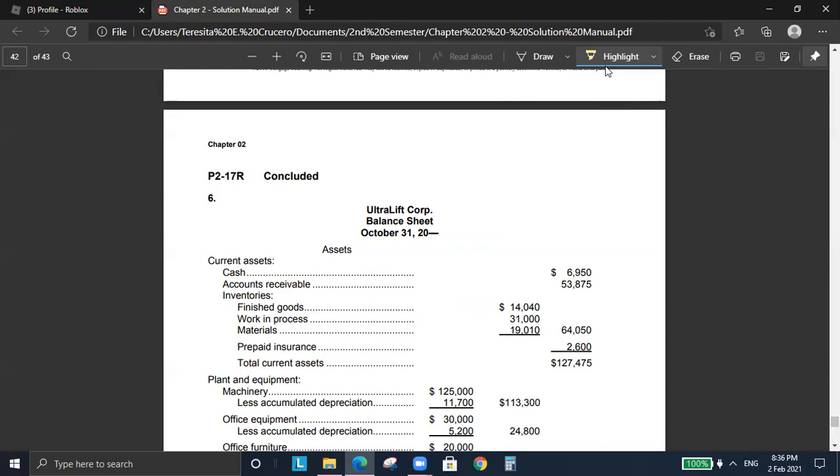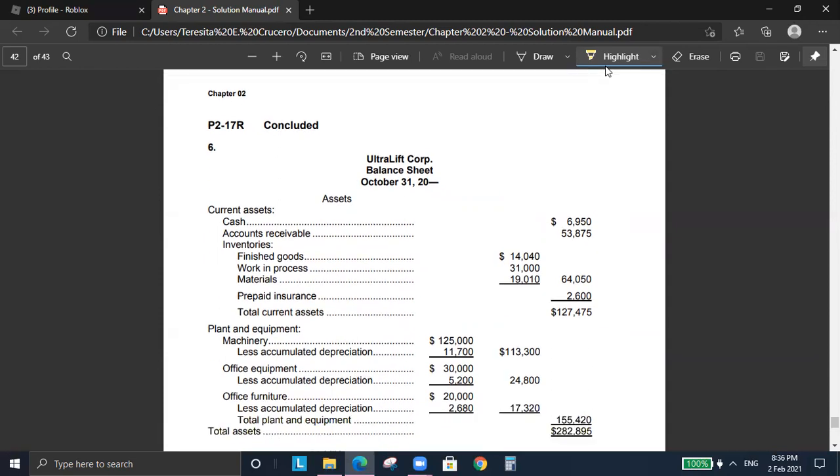So we have now your total current assets, including prepaid insurance. Then we have the fixed assets, plant and equipment, minus the accumulated depreciation. You have the net book value of 113,300. Then the office equipment less accumulated depreciation.